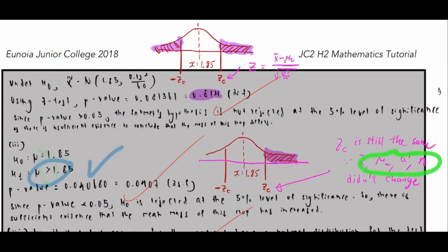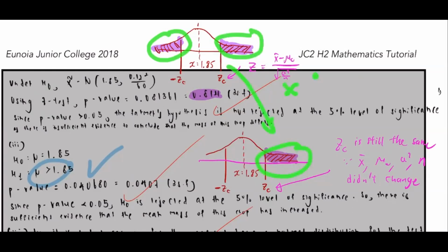These four values stay the same, so the Z test statistic stays the same, meaning ZC stays the same. Your right tail area will be exactly the same as the right tail from the two-tail test. But since the two-tail test has two of them and this is only one of them, you can just times half. By symmetry, these two areas are equal. Does it make sense?